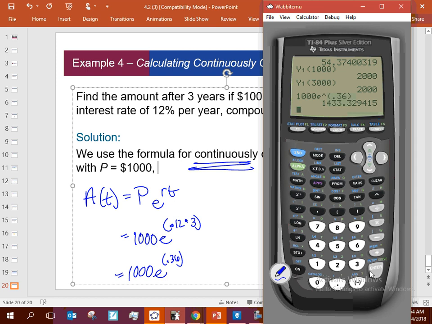Now, that is the most that I can get by compounding that amount with that interest rate. It will not go above that. Now, if I did, like yesterday, I think we did 365. It was pretty close to that, but it was less than that. Continuous compounding is always the best option.